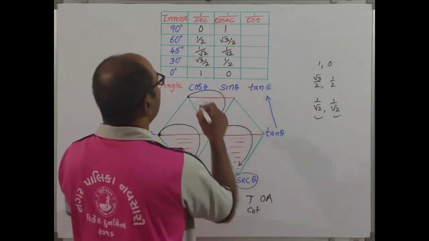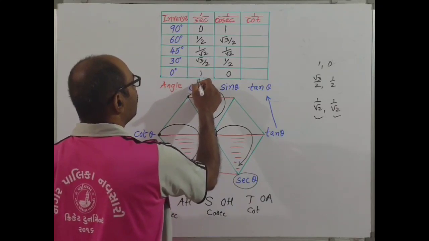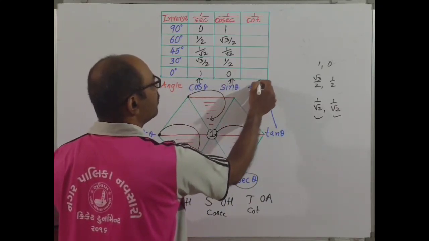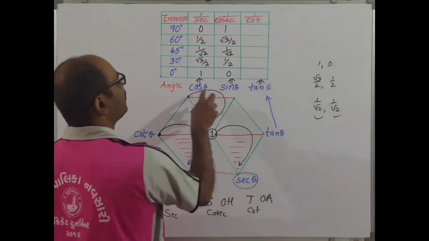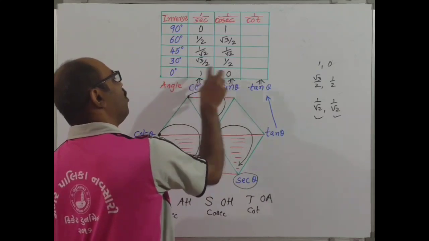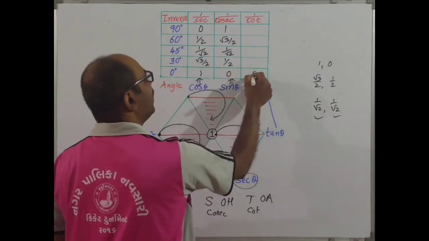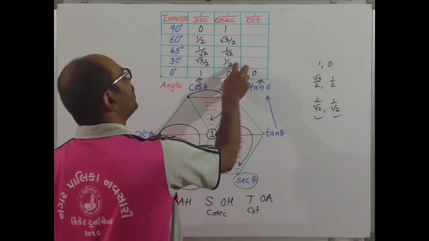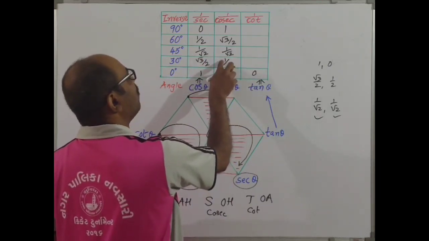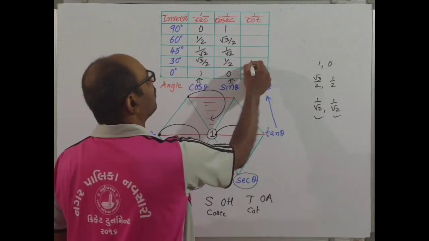Now here, this is cos, this is sine and this is tan. What is tan 0? Sine upon cos. 0 upon 1, that is 0. Now tan 30. Numerator 1 upon numerator root 3.